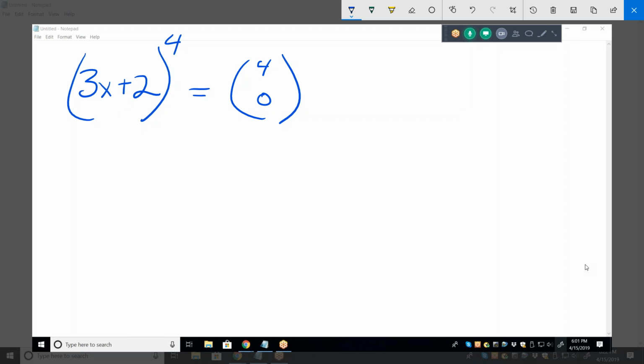In other words, it's n over 0 is the first coefficient. The first term on the left is 3x. What power is that going to be to? Is that going to be to the fourth? Yep. What about the number 2? What power is that going to be to? The 0? Yes. Key part of it is knowing that that's actually there, but it's to the 0 power, so we never write it. So this ends up being 4 choose 0 times 3x to the 4th.